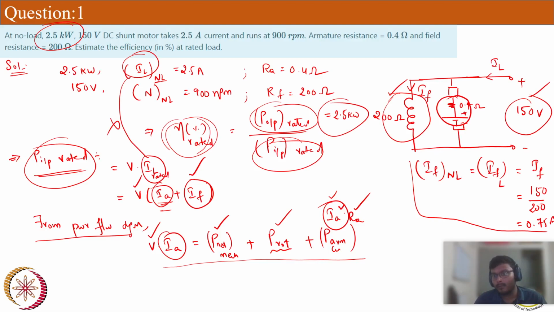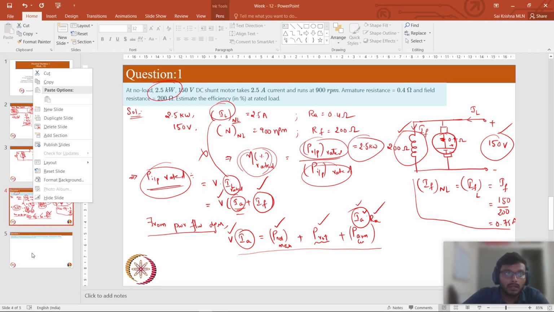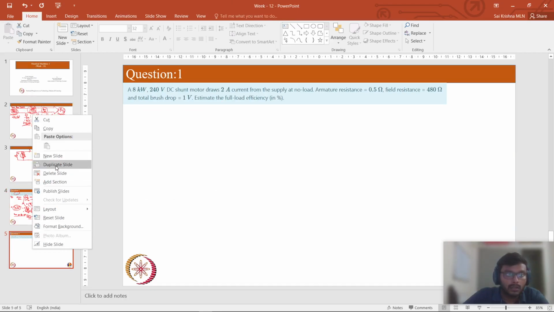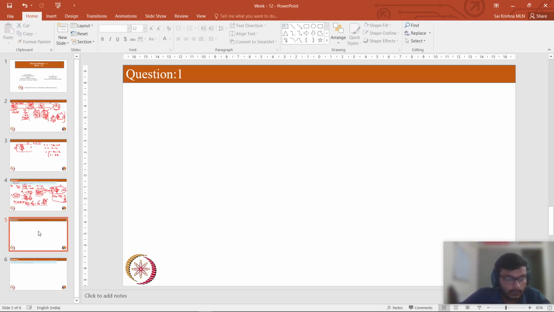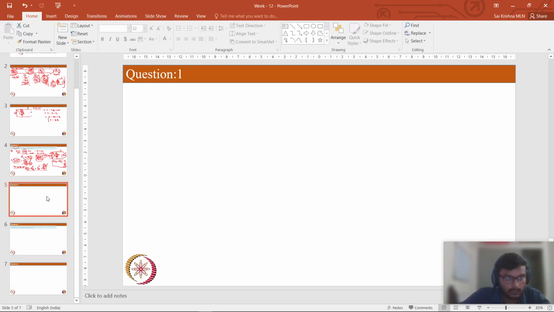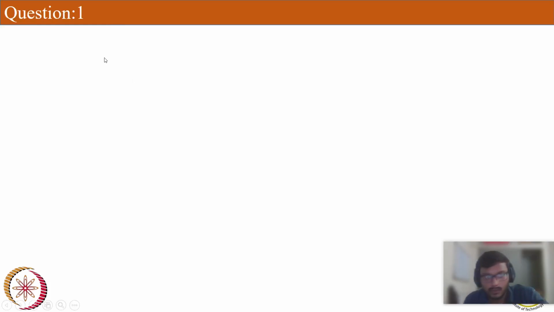Whatever supply my motor is drawing is only to contribute for the losses. Now for that, let me write a no load losses equation. That will give us the rotational losses.